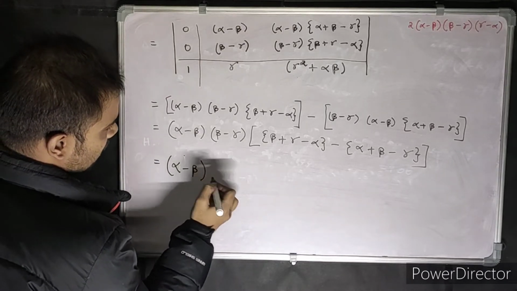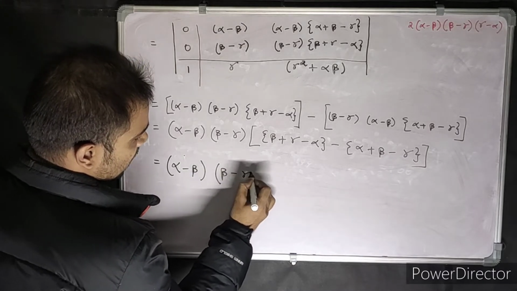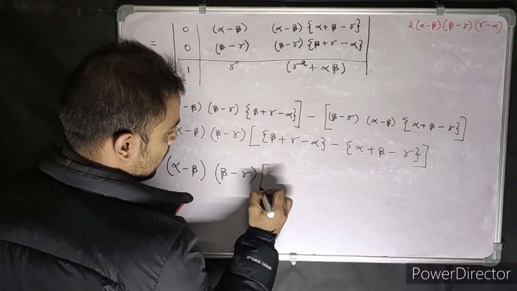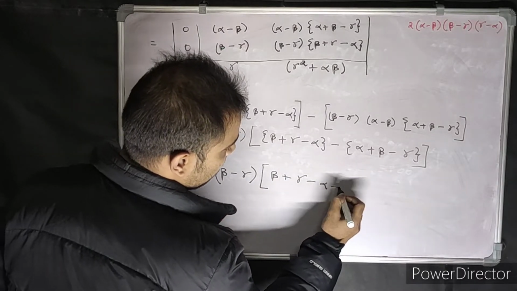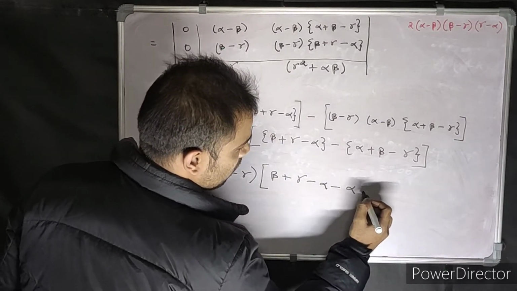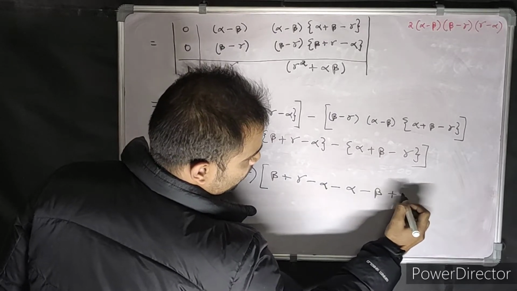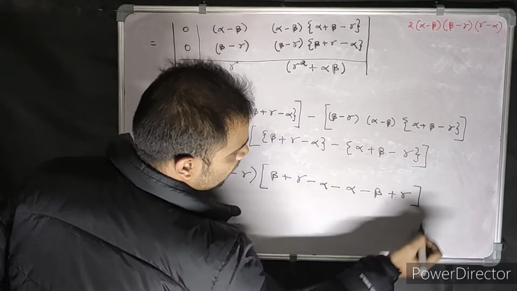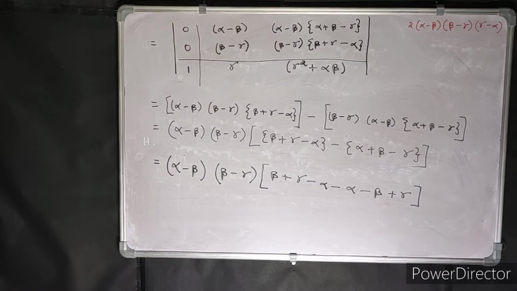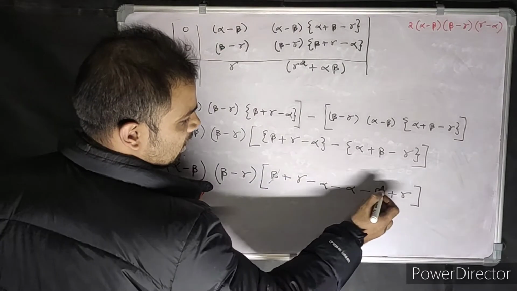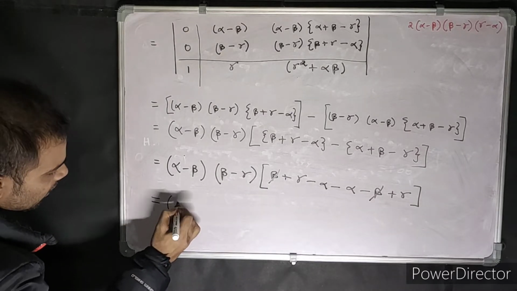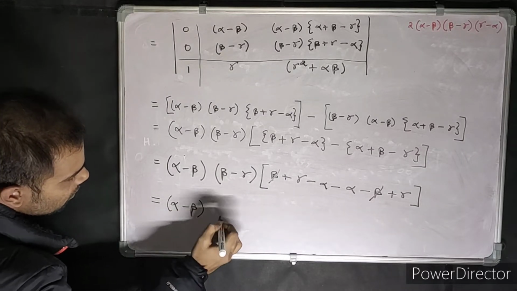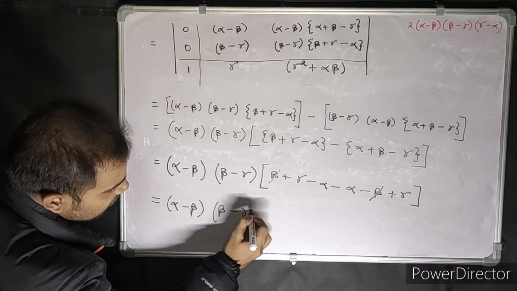Alpha minus beta, beta minus gamma, then open the bracket, beta plus gamma minus alpha minus beta plus gamma. There you go, bracket is open. So what's cancelling out? Only beta and beta getting cancelled out. So what are you getting finally? You're getting alpha minus beta, beta minus gamma.